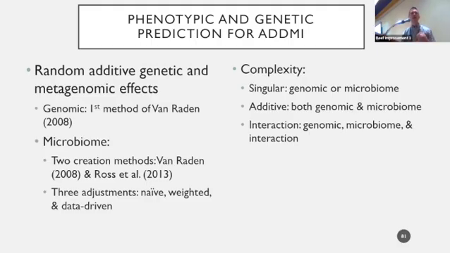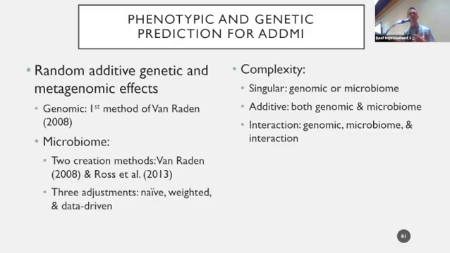So what Dr. LeCamp did was ask the question of how might we go about actually modeling jointly host genetics and the metagenomic effect. And so we fit a genomic relationship matrix that would be standard to those that have done those kinds of things using the first method of VanRaden. The microbiome, a microbiome relationship matrix is what it's called, which I really dislike that phrase.